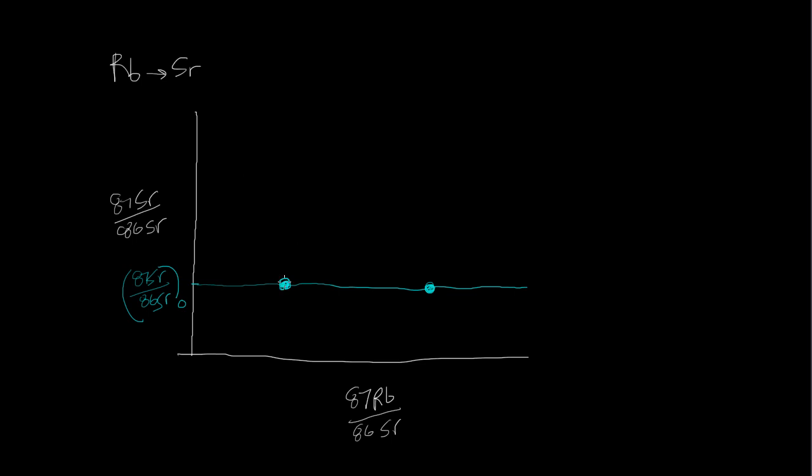So this composition would follow a path that looks like this, and this composition would follow a path that looks like this. And so it would ultimately arrive at this point here and this point there.